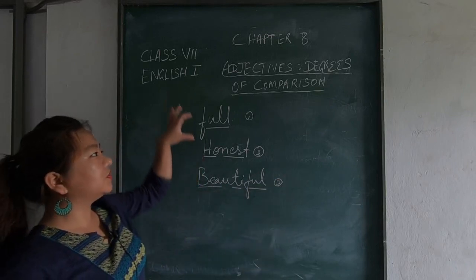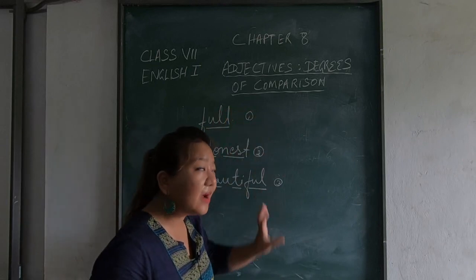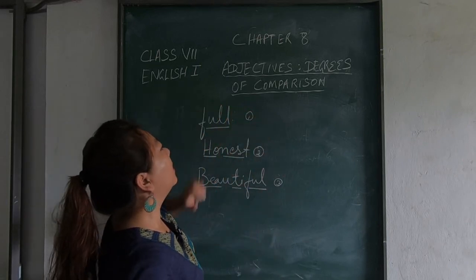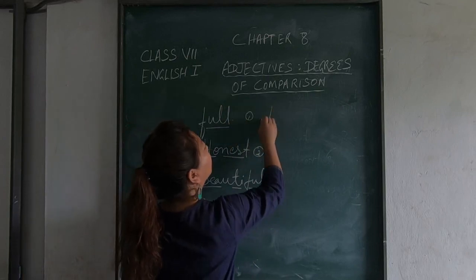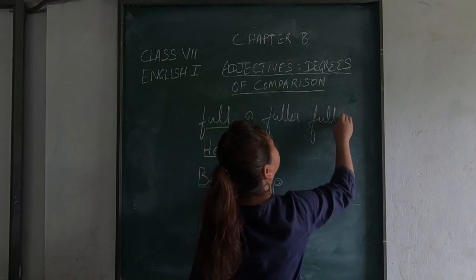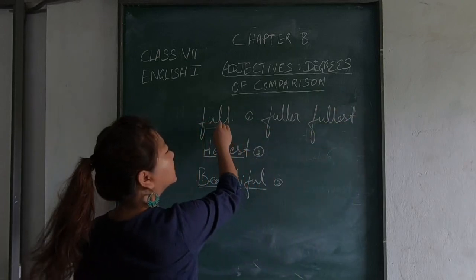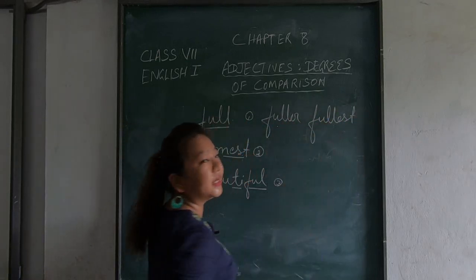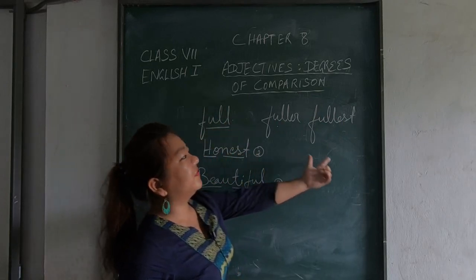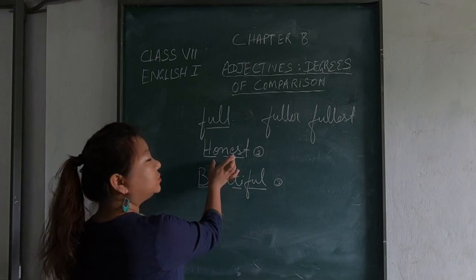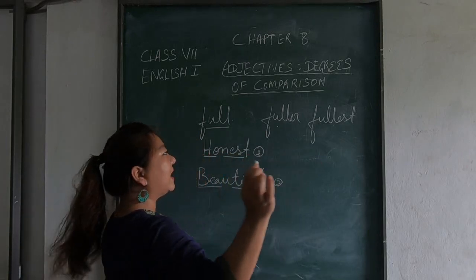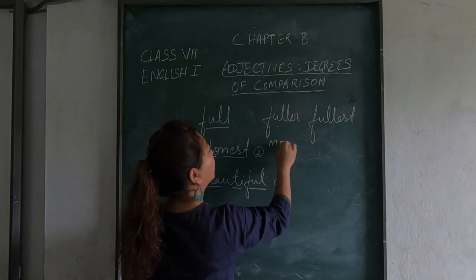Now, when we want to make a comparison with 1 syllable words, like full, we can write full, fuller, fullest. Positive, comparative, superlative. And when we want to write the comparative and the superlative degree in 2 syllables, we cannot write ER. We have to add the word more.